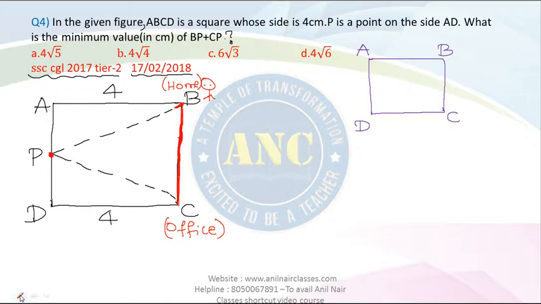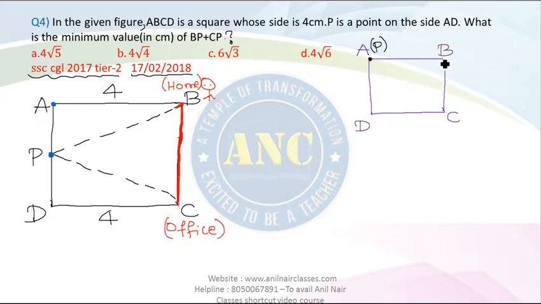Now, assume that point P is exactly there on point A. That means point P and point A are exactly coinciding.